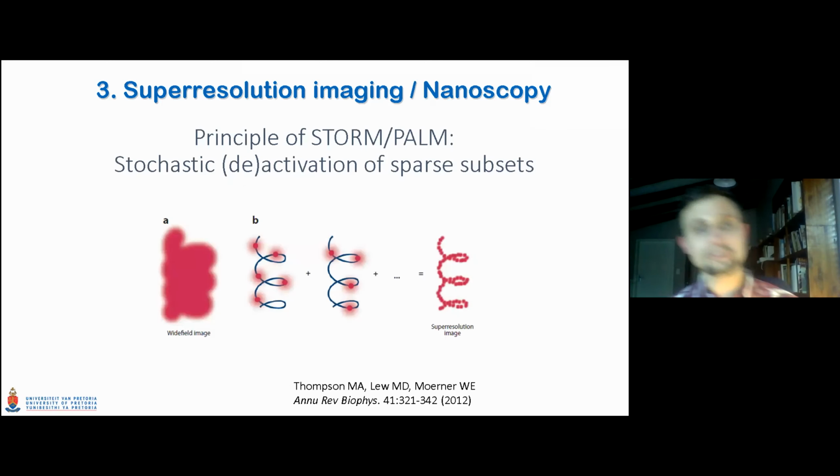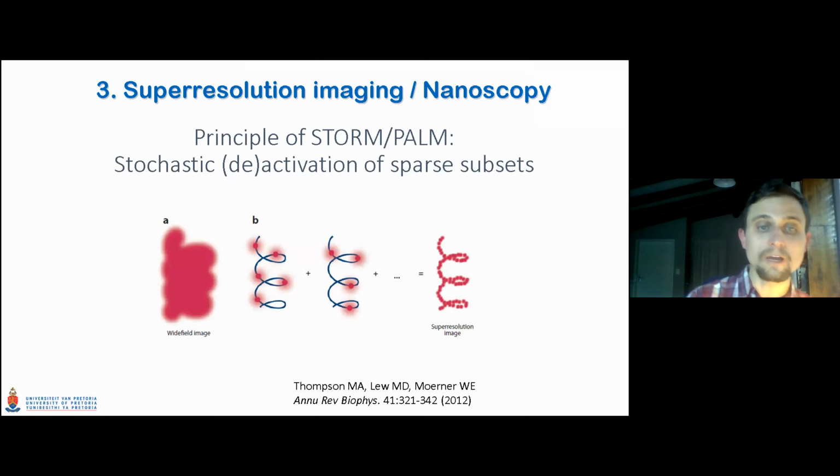The second principle is that you have to work with sparse subsets of these emitters. And then you have to find a way of switching them on and off at random times so that they are far enough apart in order to be resolved.